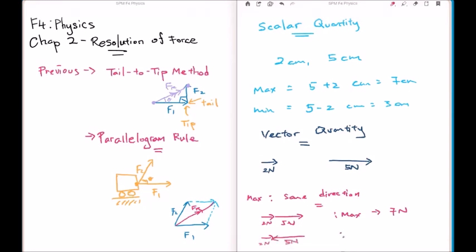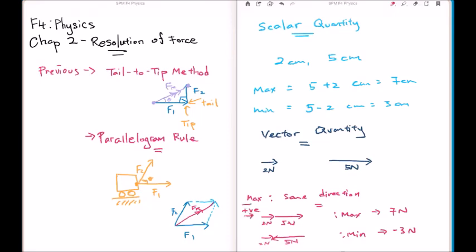Now therefore you get a minimum. This is where you have negative 3 Newton. But it's not really minimum in terms of magnitude, it's just that the sign represents it's opposite to what we have defined positive, which is we define positive to the right.